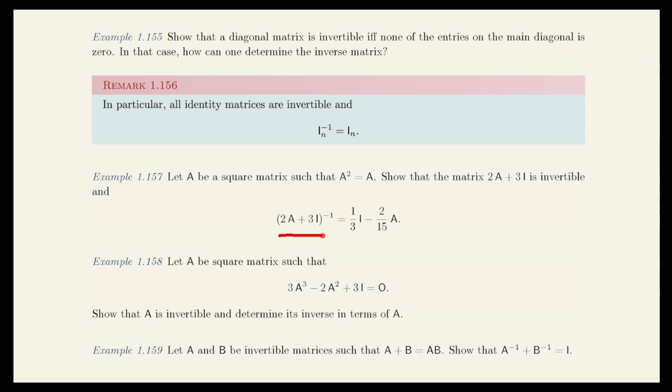I have proposed what the inverse is. I have asked to show this matrix is invertible, and moreover, show that its inverse is this matrix. If I hadn't given you this part, then you should be able to guess this yourself and then prove it. That would be a hard problem. But this is not a hard problem, I would say.